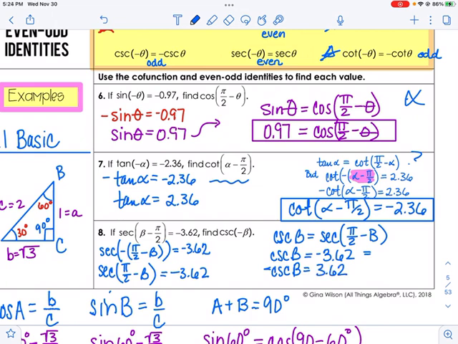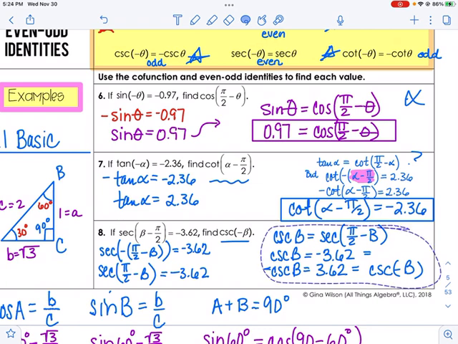So then I know that negative cosecant beta is equal to cosecant of negative beta. So that's your odd relationship that you have up top there. And so your answer is cosecant of negative beta, as you want, is equal to 3.62.